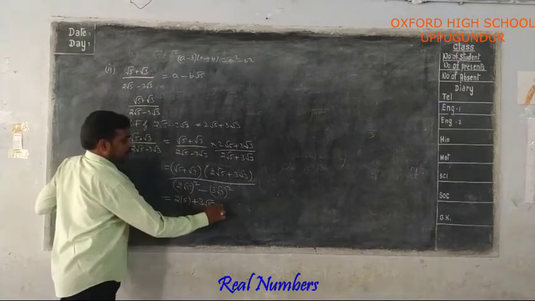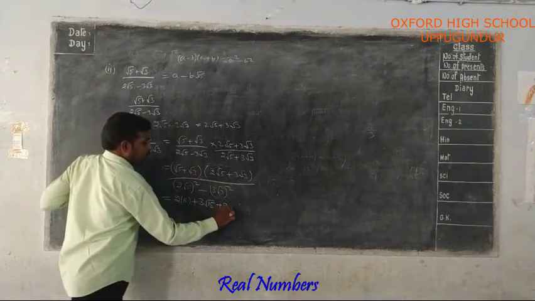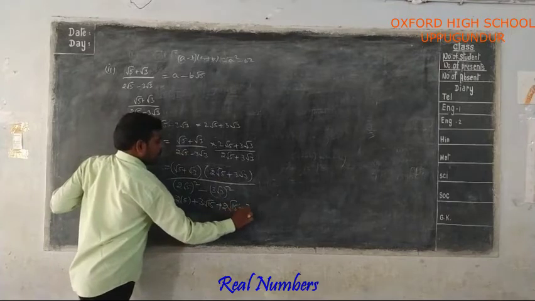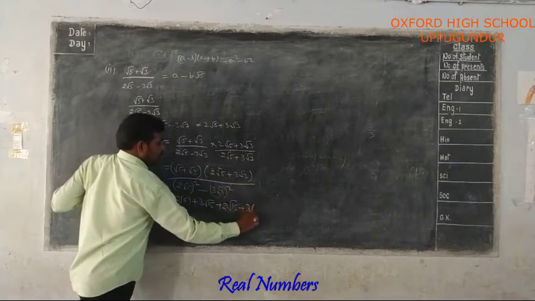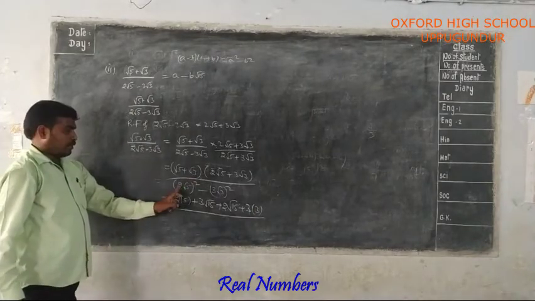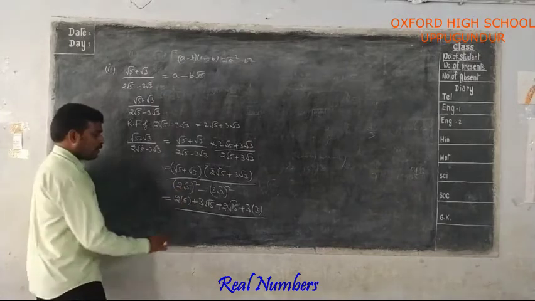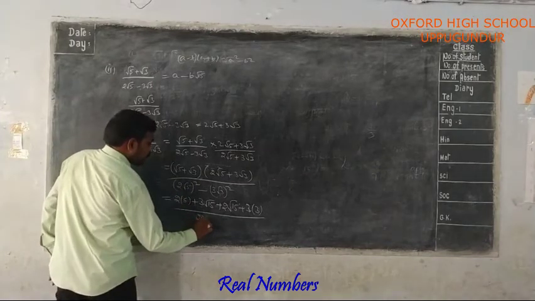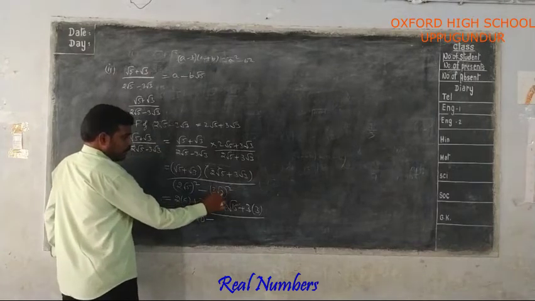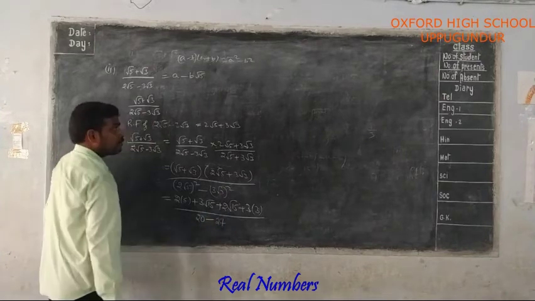Next plus 2 into root 3 into root 5, which is 2 root 15, plus 3 root 3 into root 3, you will get 3 into 3. In the denominator, (2 root 5) whole square: 2 square is 4, root 5 whole square is 5, 4 fives are 20, minus (3 root 3) whole square: 3 square is 9, root 3 whole square is 3, 9 threes are 27.